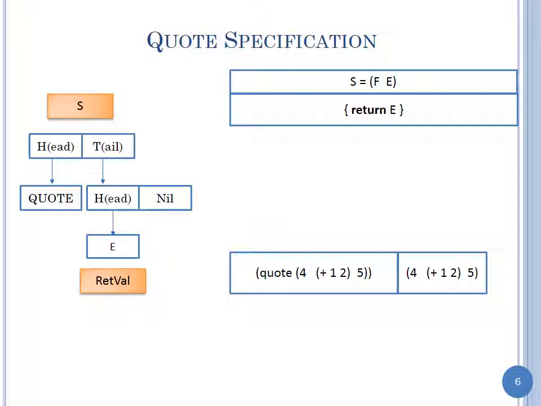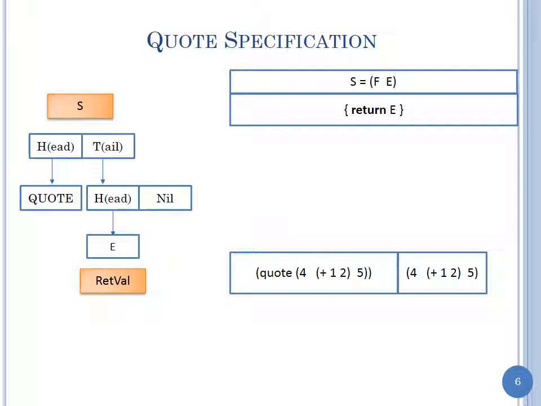Now the quote example. In this quote, we pass to quote an argument that happens to be a list. So you may think, I've got to take the tail. But that happens to be a list embedded in the bigger list, which is a function application.